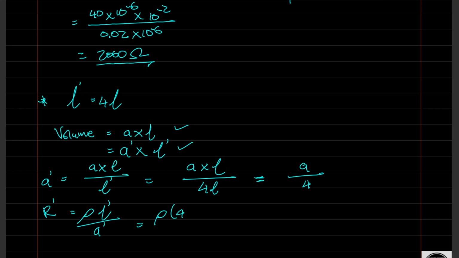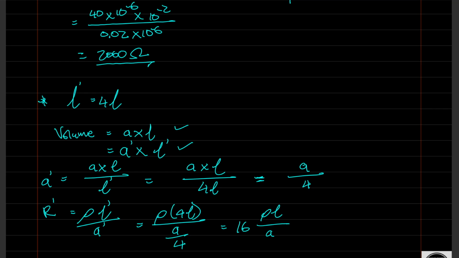Our L dash is 4L divided by, what's our A dash? It is A divided by 4. Now if I multiply this 4 with this 4, that will give me 16, and I'll be left with this rho and then this L, and then I'll be left with A here at the bottom.